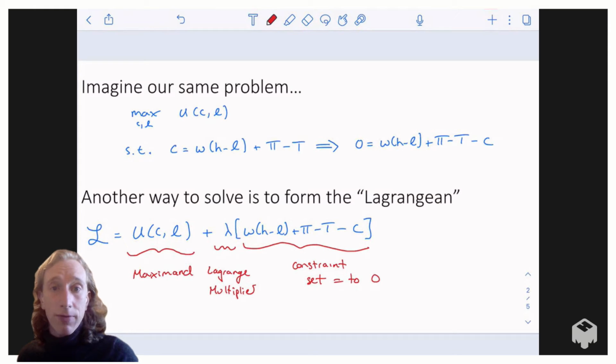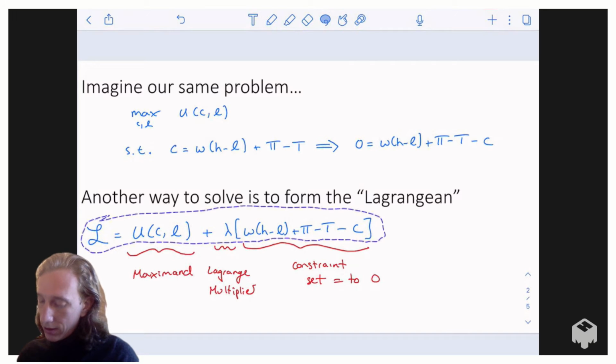Okay, so that's step 1 for the Lagrangian. We form this kind of special looking function here. And I'm going to copy it now and bring it to the next slide. Here we go. Good.